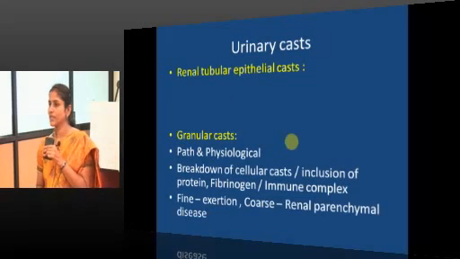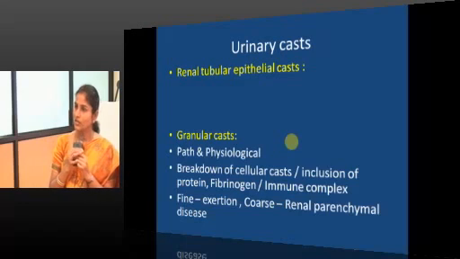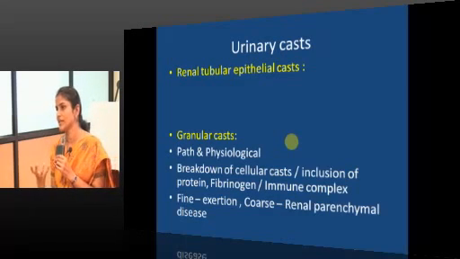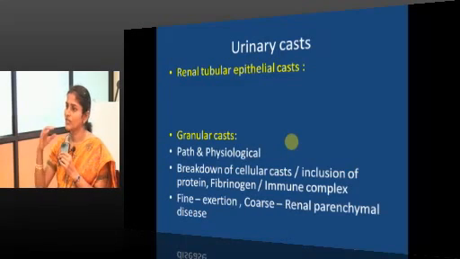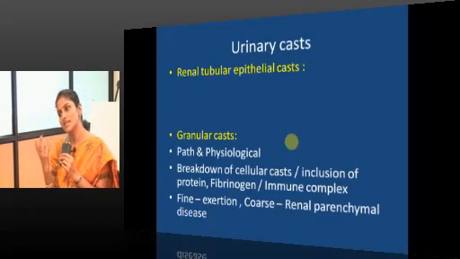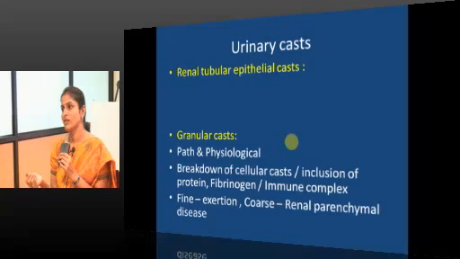Renal tubular epithelial cell cast. When do you expect renal tubular epithelial cell casts to be seen in the urine deposit? When the tubular epithelial cells get damaged, as in acute tubular necrosis.